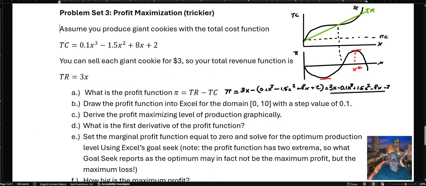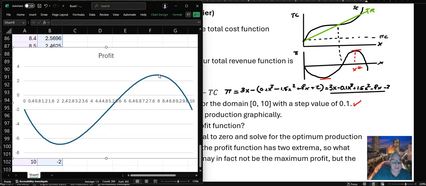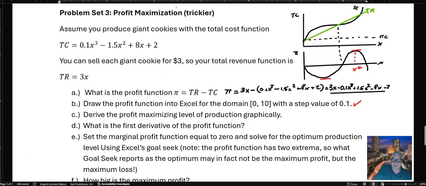Okay, so derive the profit maximizing level. Actually, B, draw the profit function into the Excel function. Okay, we did that. So now derive the profit maximizing level of production. Okay, so that's maybe here. So it's around 7.9 if we just do it graphically.